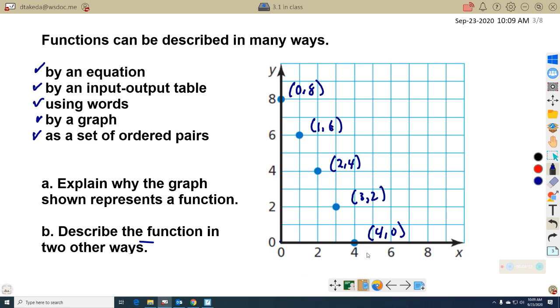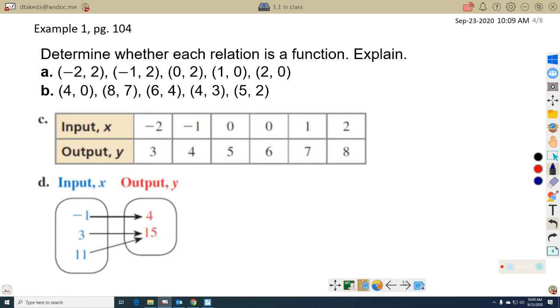I don't want to waste too much time going on the other ones because we're going to look at those in a second. So this is example 1 from page 104, in which we determine whether the relation here is a function. Again, we want to look at the input values. -2 goes to 2. -1 also goes to 2.